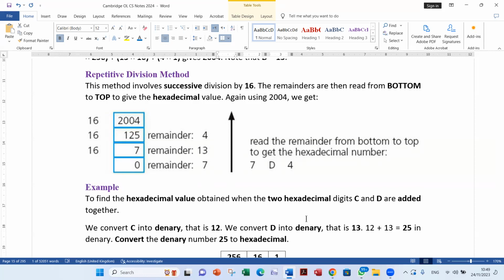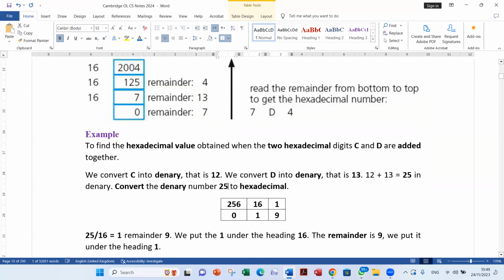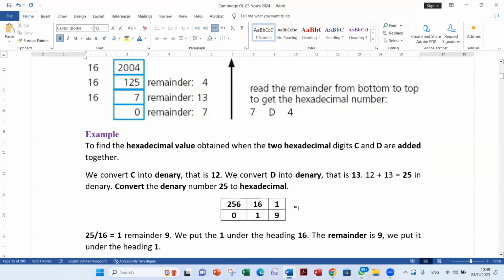However, I would like to know the hexadecimal equivalent of that 25. So now we need to convert 25 into hexadecimal. It is very easy because you have such a small number. Weights are 256, 16, and 1. Definitely, you put a 0 under the 256, or just ignore it.